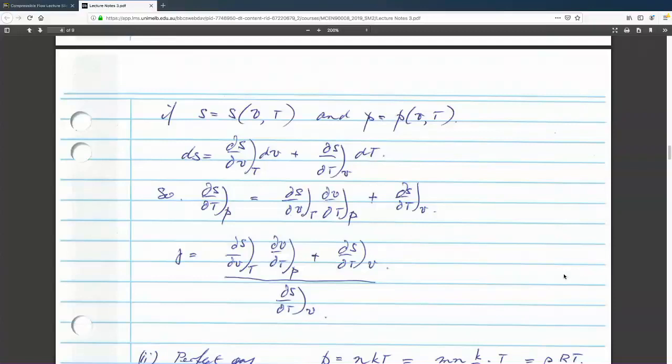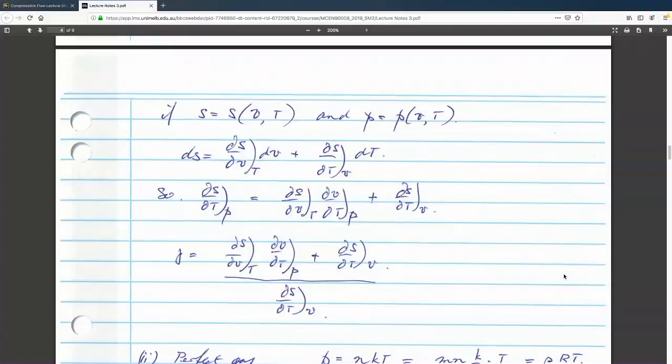So it's dS/dV at fixed temperature, dV/dT at fixed pressure, plus dS/dT at fixed volume, divided by dS/dT at fixed volume. So this will cancel with that, and I'll be left with this divided by that. 1 plus that. Now that happens to be greater than 1.